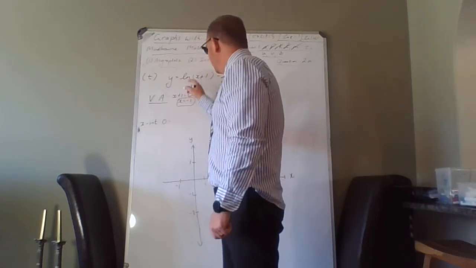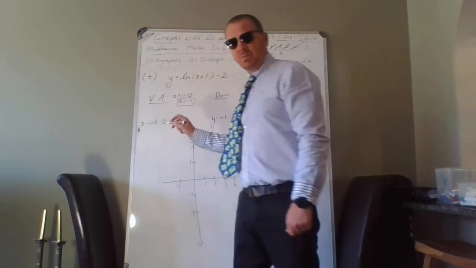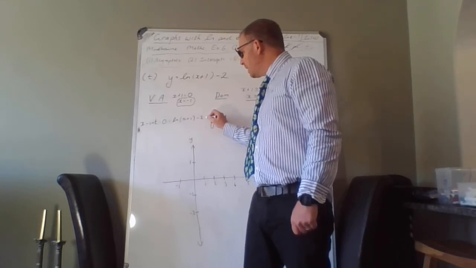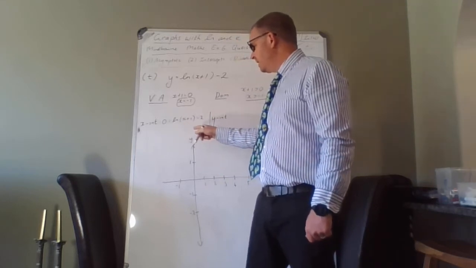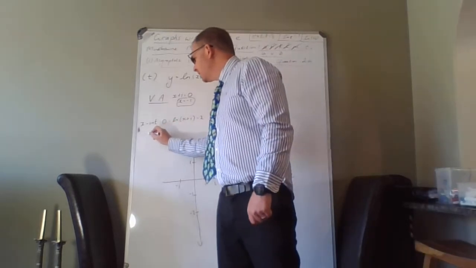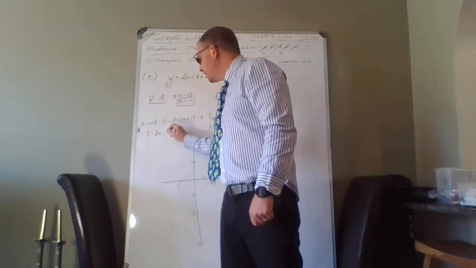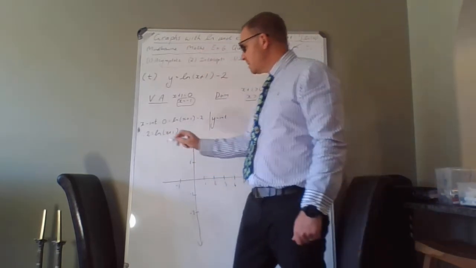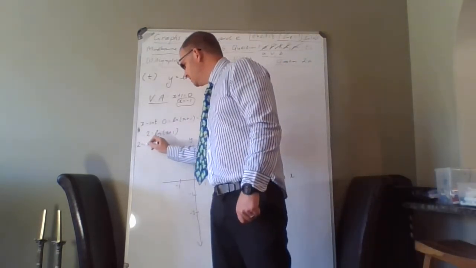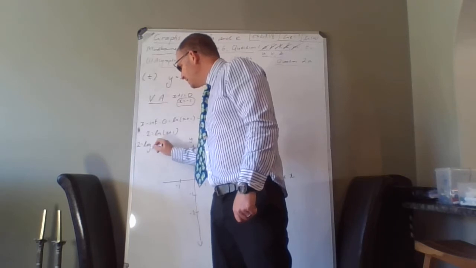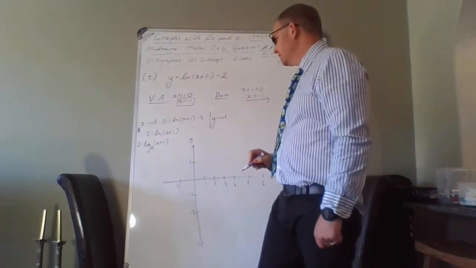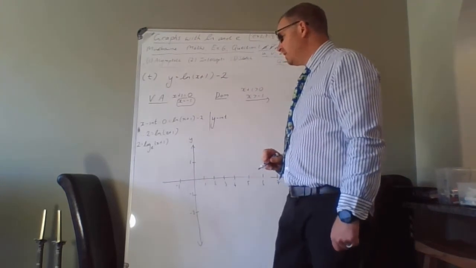So I'm going to get 0 is equal to ln(x plus 1) minus 2. So I'm going to get 2 is equal to the ln of x plus 1. Remember, ln means log base e. So 2 is equal to log base e of (x plus 1).